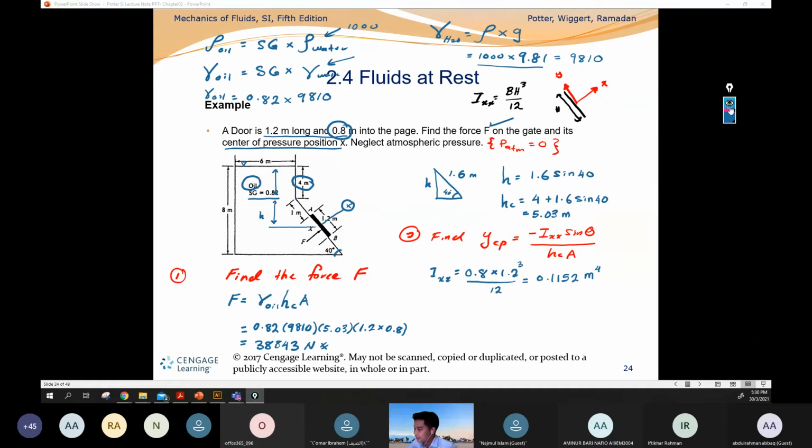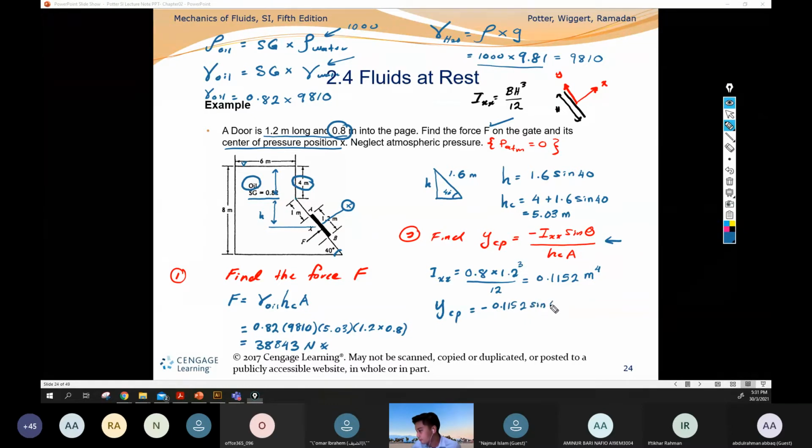Okay, so it's easy for us now. Just substitute into this equation. So YCP is equal to negative 0.1152 sine 40 over HC, and HC we discovered previously is 5.03.